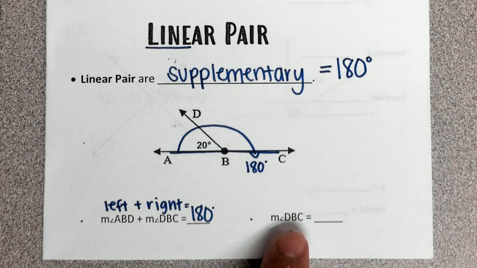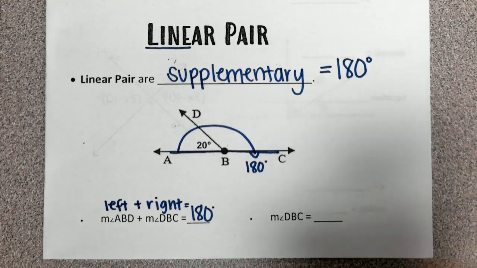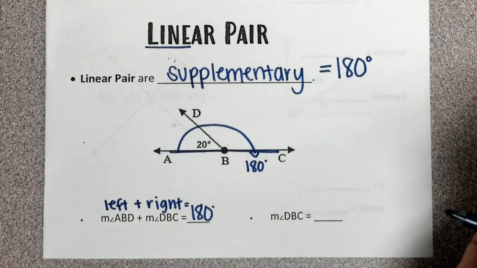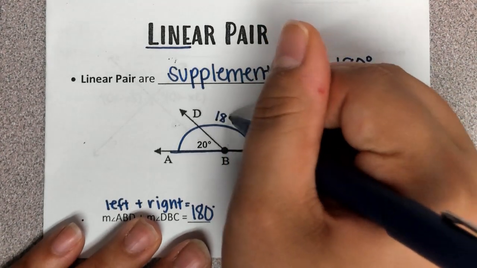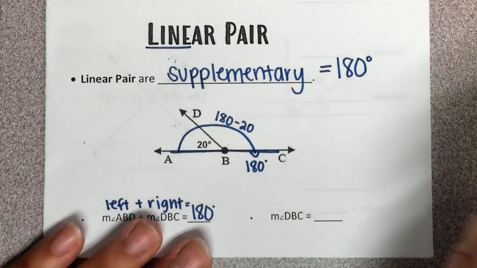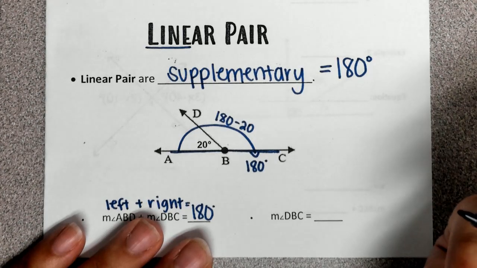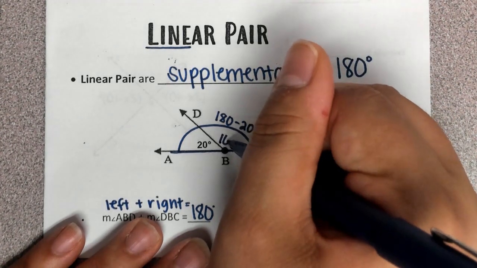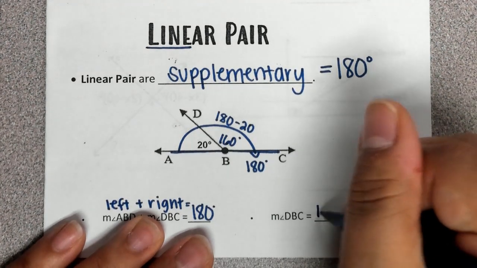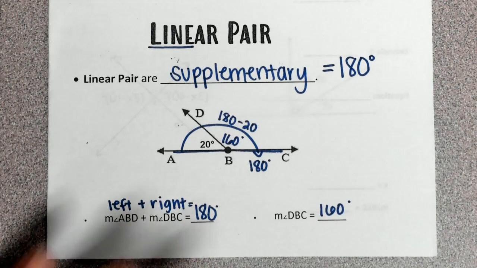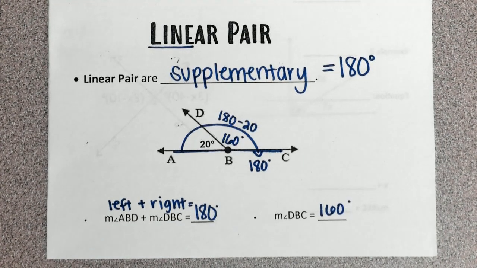So how do I find DBC? How do I find this right side here? 180 minus 20. What is 180 minus 20? DBC is 160 degrees. So with a linear pair, you are just subtracting from 180.